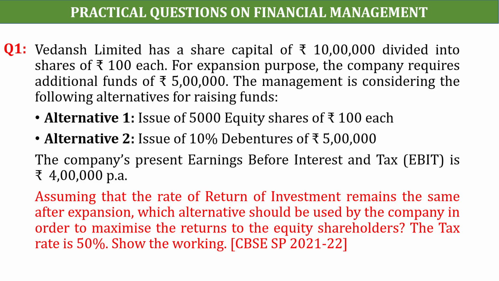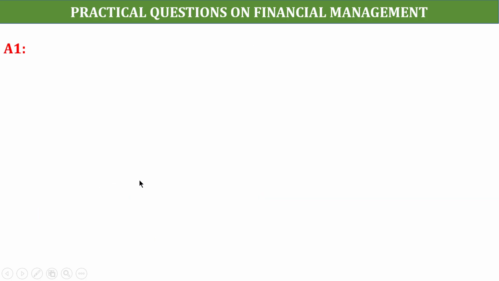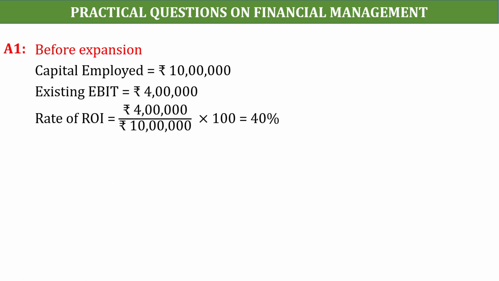So for this purpose, we will see the investment before the expansion. Investment, that is capital invested in the business, was rupees 10 lakh, and against 10 lakh rupees the company's earning was rupees 4 lakh. So capital investment before the expansion was rupees 10 lakh.